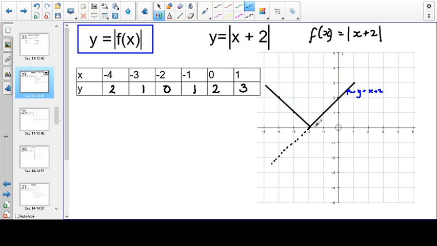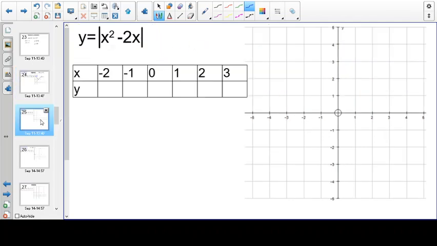The equation of this bit is the graph of y equals minus (x plus 2), which is minus x minus 2. Because if you look, it's got a negative gradient, minus 1 gradient, and if I was to carry that on, that would go through minus 2 on the y-axis. So this bit is the positive version, and this bit is the negative version of all of that. The whole thing together is the modulus graph.